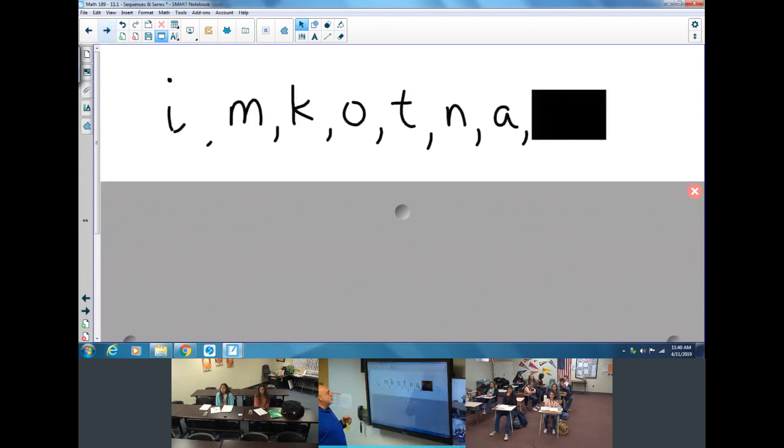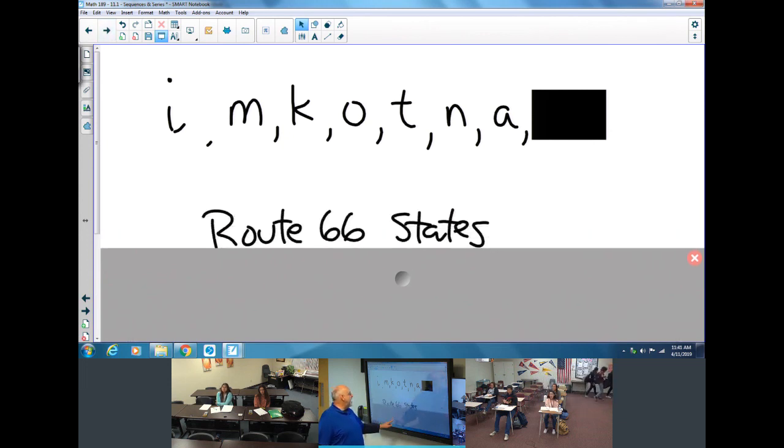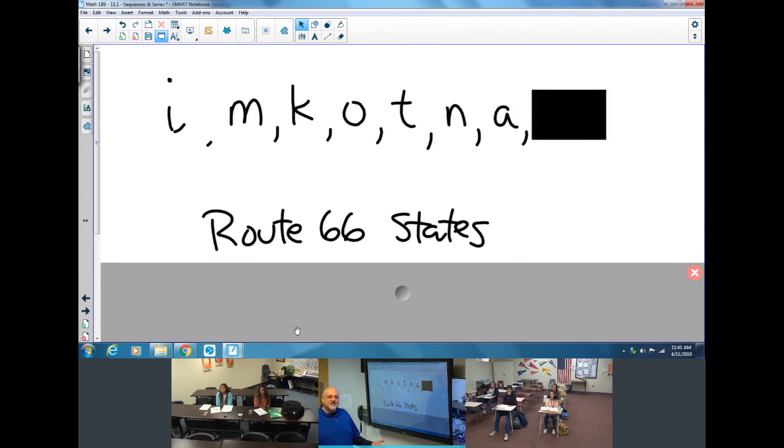All right. Now, sometimes you can use letters to represent other things. They could represent words or whatever. So this is a pattern. Anybody know what this pattern is? Just looking at it? Okay. Well, this pattern is the states along Route 66, starting with Illinois and ending up, so here's New Mexico, Arizona.